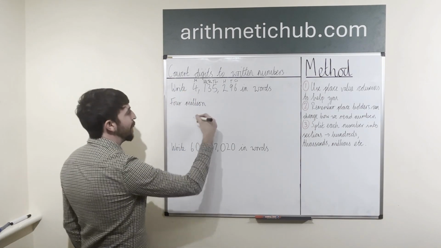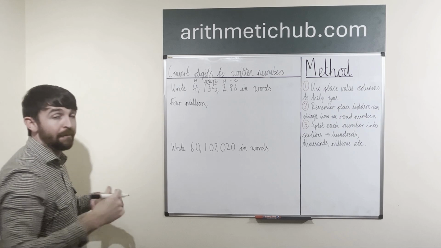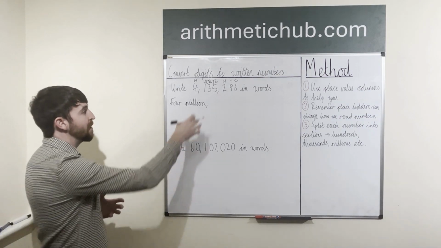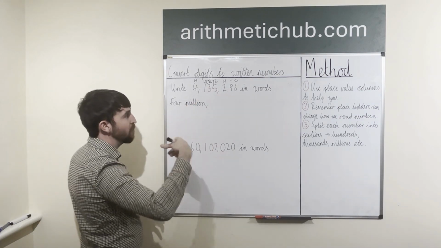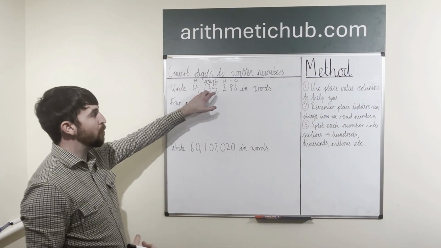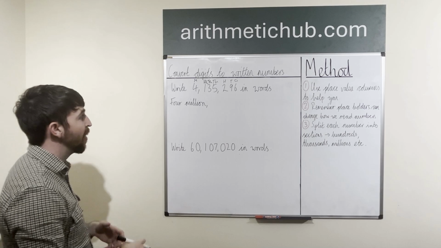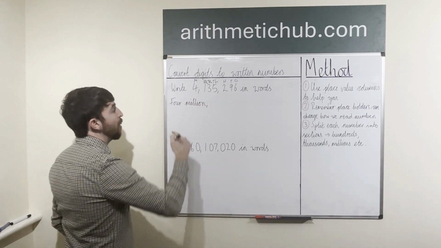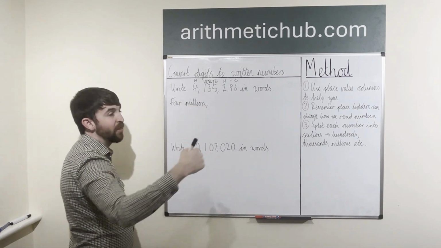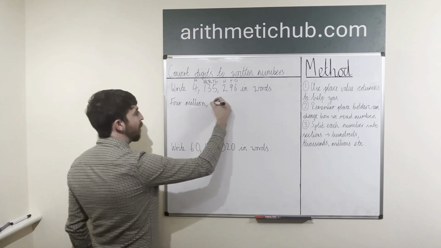So 4 million, I'm going to put my comma in there, it's in the million section. Now I move on from my million section into my thousands section. So in my thousands, I have 135,000, okay? So 4,135,000.